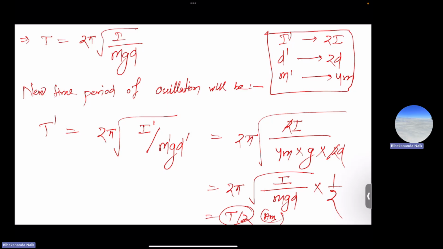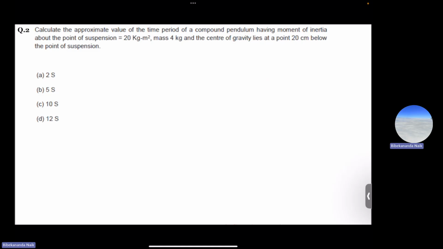Now we will move to question number 2. Question number 2 says, calculate the approximate value of the time period of a compound pendulum having moment of inertia about the point of suspension equal to 20 kg into meter square, mass 4 kg, and center of gravity lies at a point 20 centimeter below the point of suspension.